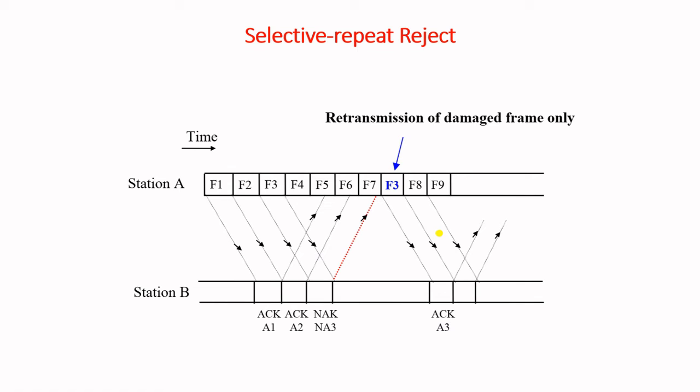Now here it is shown in the selective repeat reject. There are two stations, station A and station B. Time is increasing from left to right. Station A sends the frames, frame 1, 2, 3, 4, 5, 6, 7.